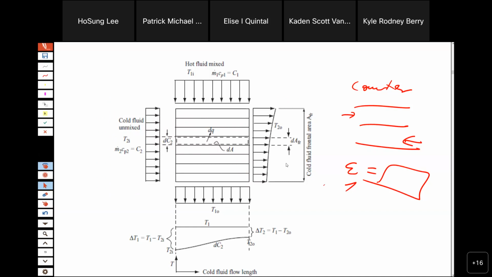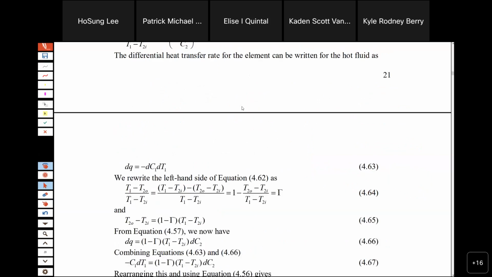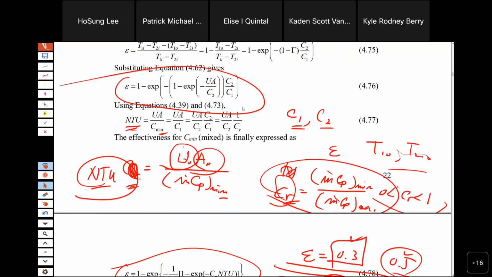Very interesting. So you have to look at whether it is mixed or unmixed. One thing to be careful about: you think it is mixed, but as long as this goes to here, it is not unmixed. Let me check.